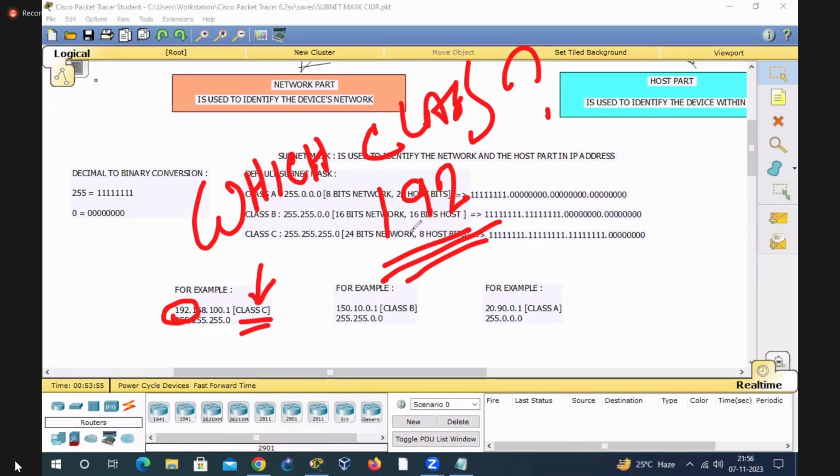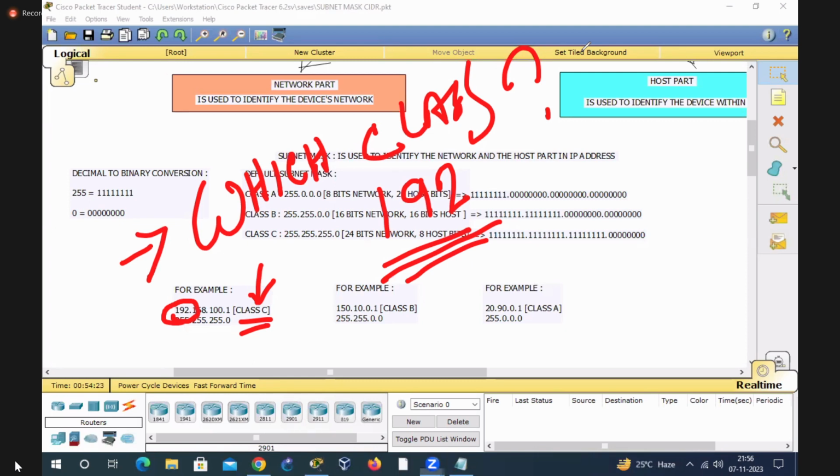Not the subnet mask. Subnet mask things come afterwards. First of all, we define the class of the IP by seeing this first value. You are saying that it is a class C IP, right?